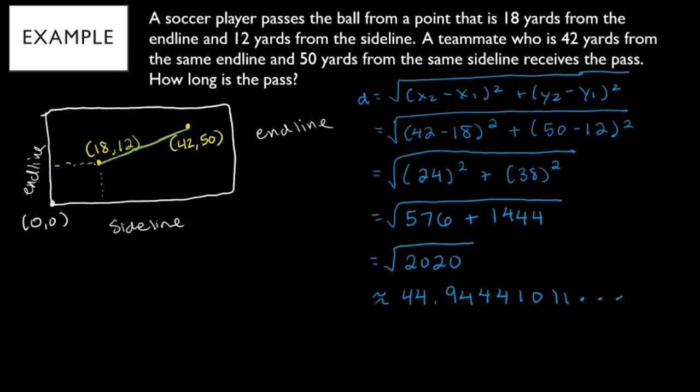So let's say the pass is about 45 yards long. We certainly are not going to say it's the square root of 2020 long. That's not going to be useful in real life.